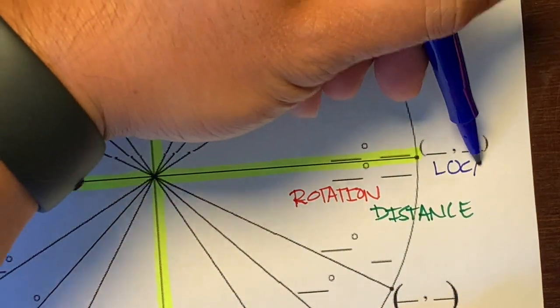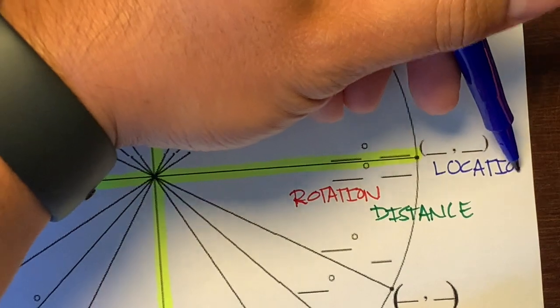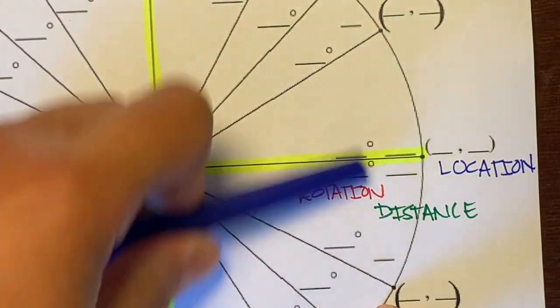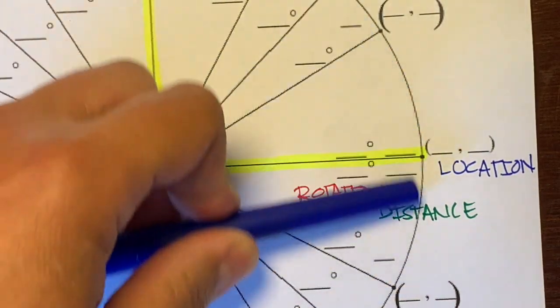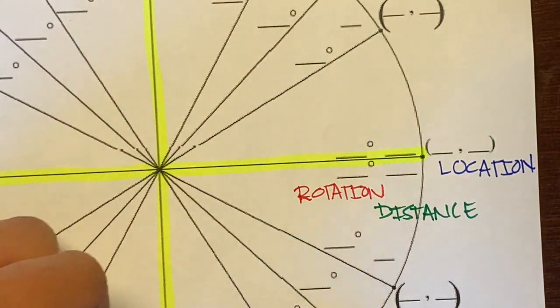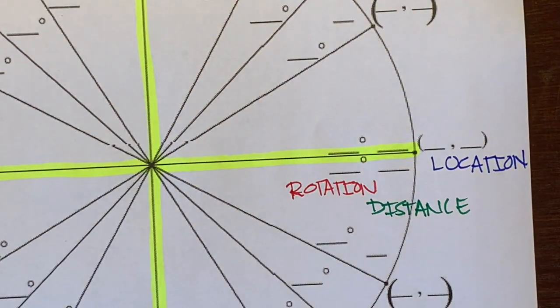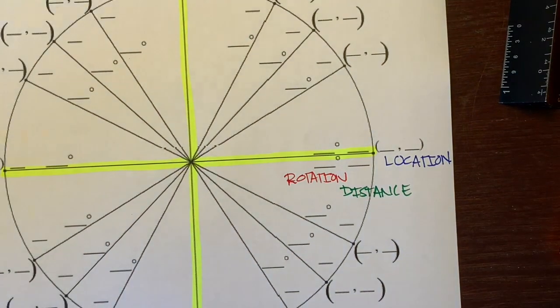So location. These are rotational values in degrees. Distance values will be in radians, which I'll talk about later on, and these are all location values. So let's zoom out a little. Still no values though, so we'll get there.